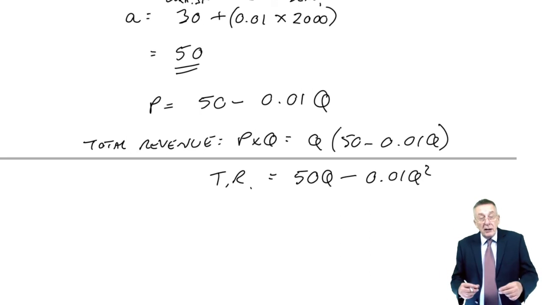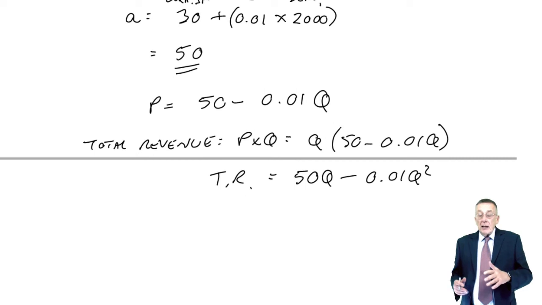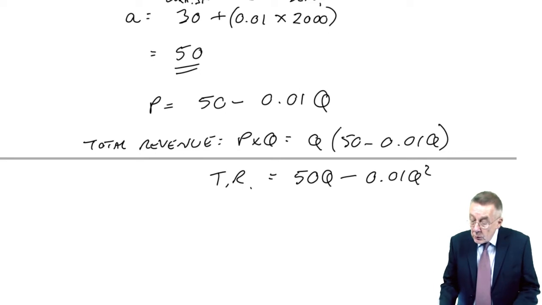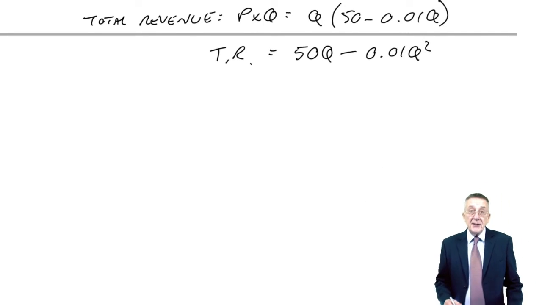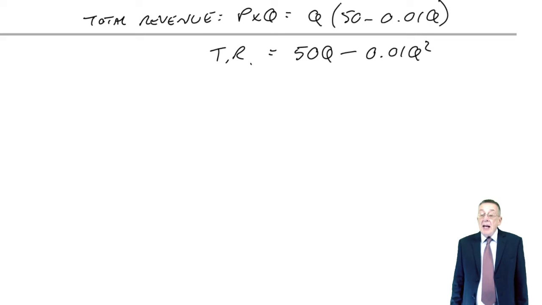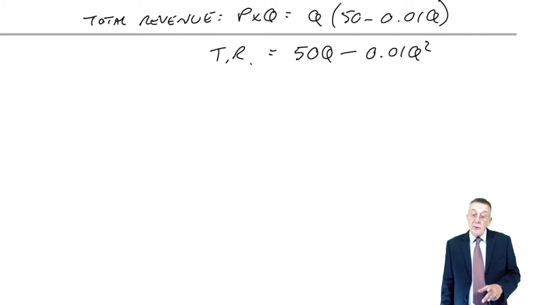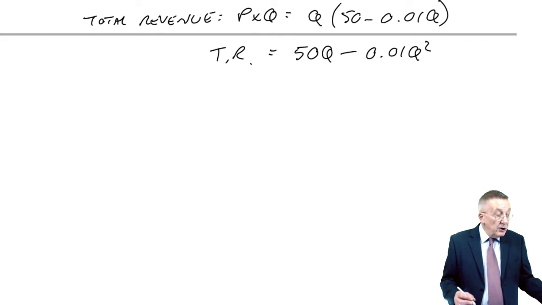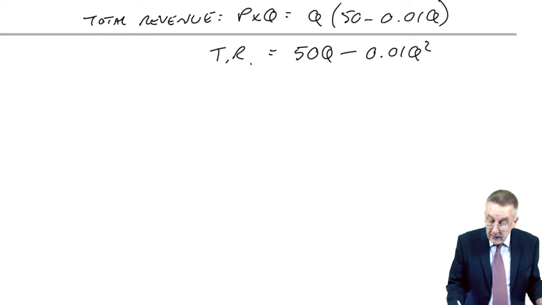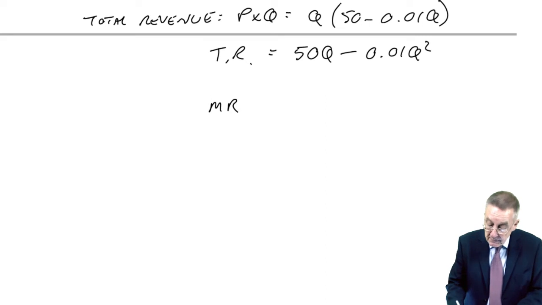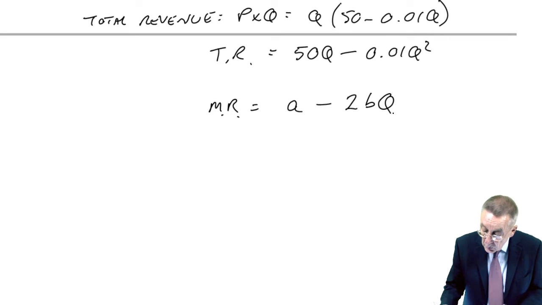But we need the marginal revenue. And as I was saying, we get it by differentiating. Now, those of you who remember and can do differentiation, it's actually terribly easy. But you cannot possibly be expected to differentiate in the exam. Nowhere in ACCA exams is differentiation in the syllabus. And therefore, you are given the formula. If you look again at the formula sheet, you will see an extra formula there which says MR, which is the marginal revenue, which is what we're after, equals A minus 2BQ.